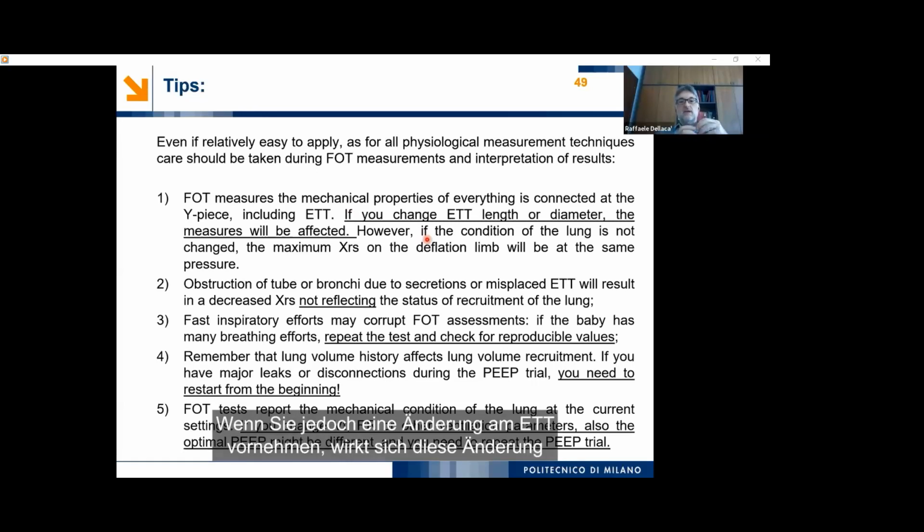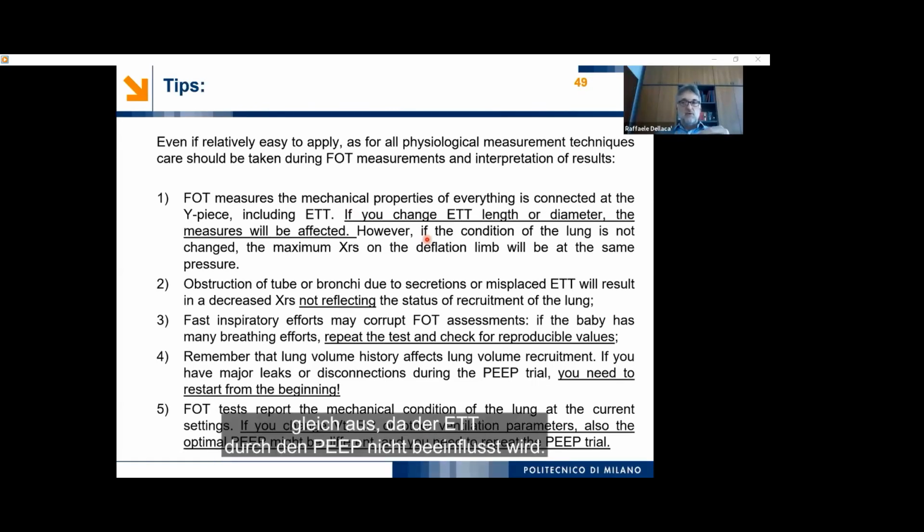However, if you make a change in the ETT, it will be the same change whichever PEEP you are at, because the ETT is not changing with PEEP. So what you are expecting is that the curve will be shifted, but the maximum will always indicate which is the optimal pressure.